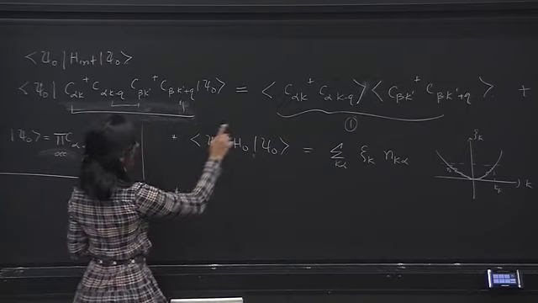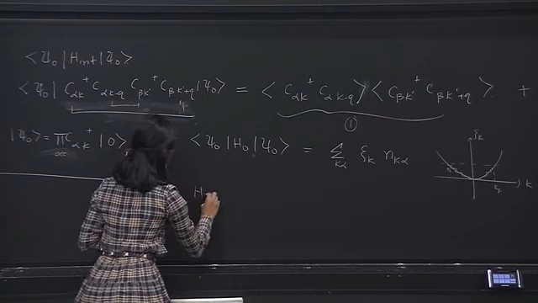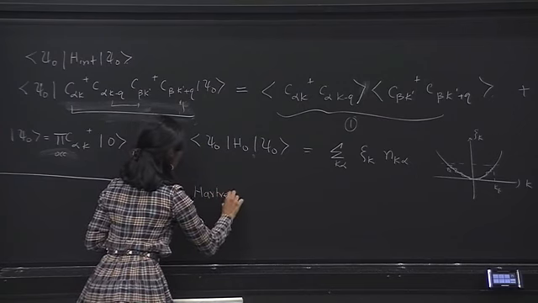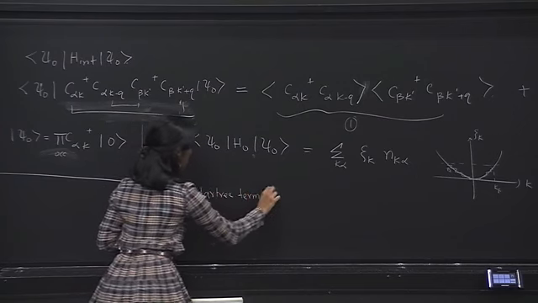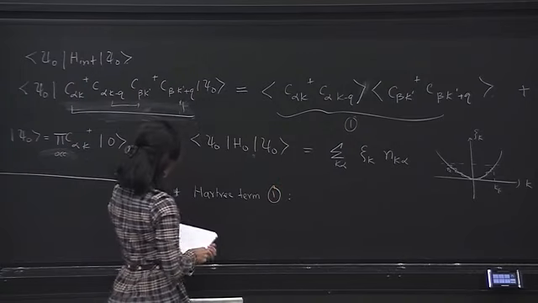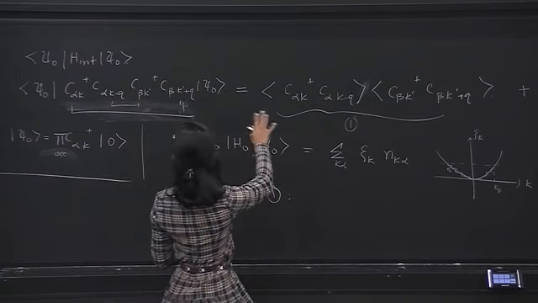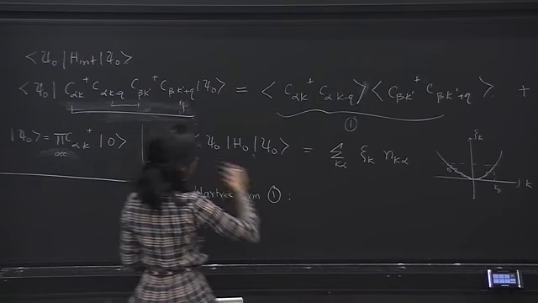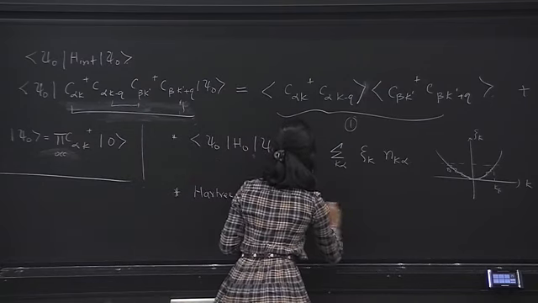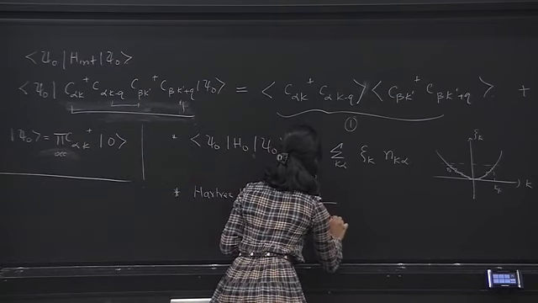Let's now look at term 1. This is known as the Hartree term. And we put it back in the sum for H int, right? So we have some 1 over 2 in sight.